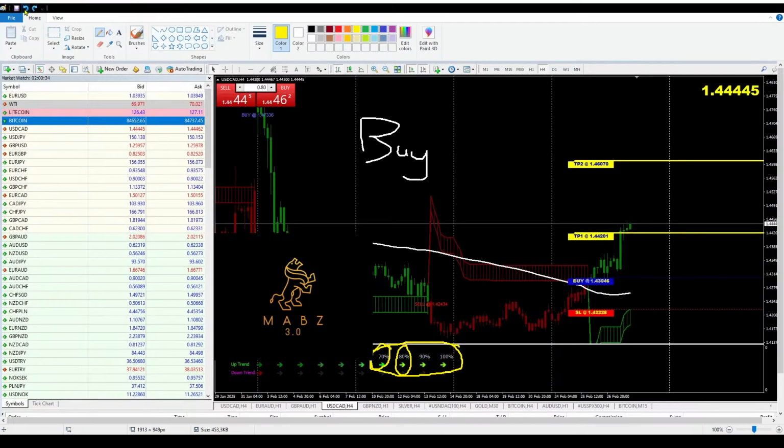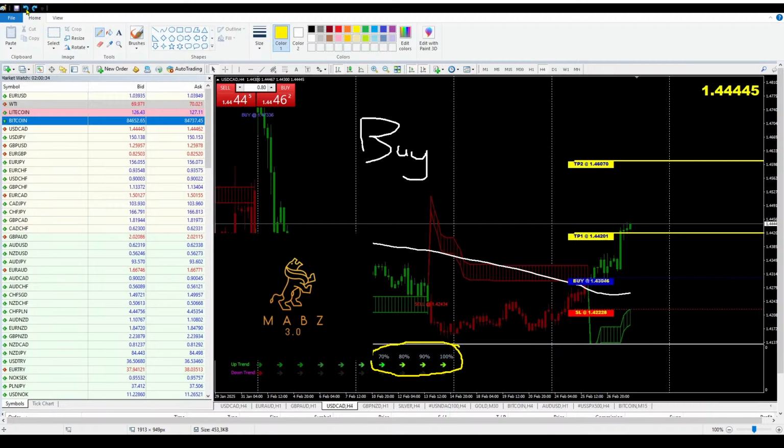This indicator is just to show us the volatility, the strength of the market at that particular moment. So when this meter is at 70% or more, that gives us an indication that we need to look for buy trades.